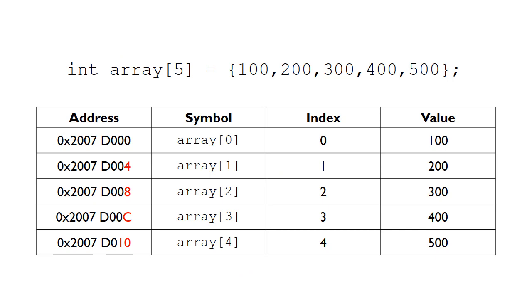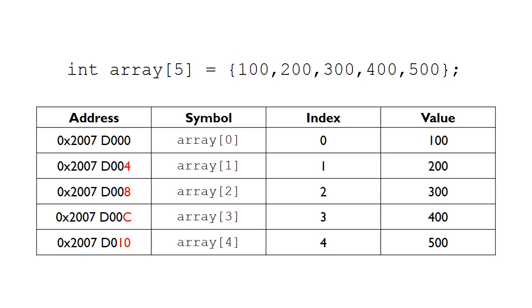So when you create an array, it's essentially an extension of that idea. We're just storing multiple slots in memory next to each other. In this example, we've got an array of 5 values, initialized to 100, 200, 300, 400, 500.